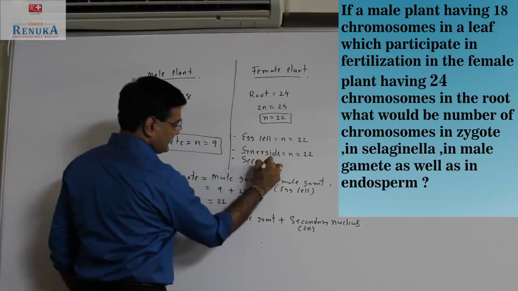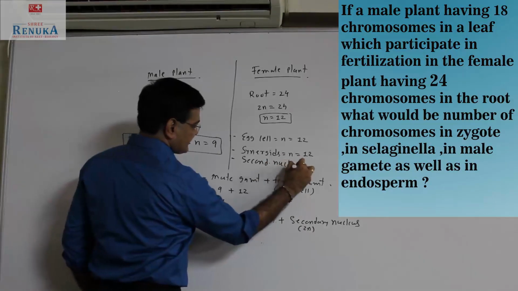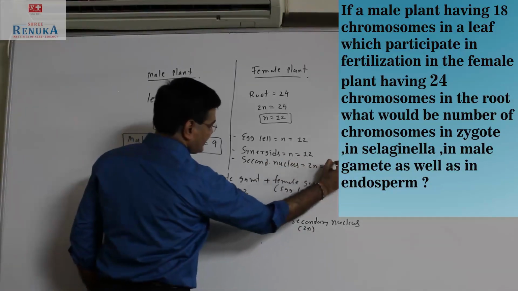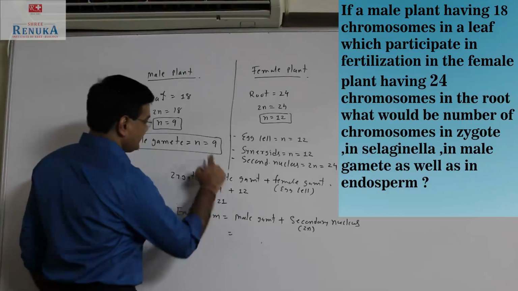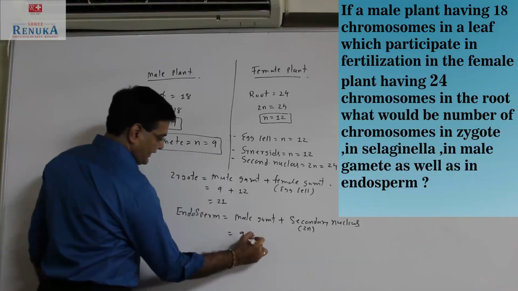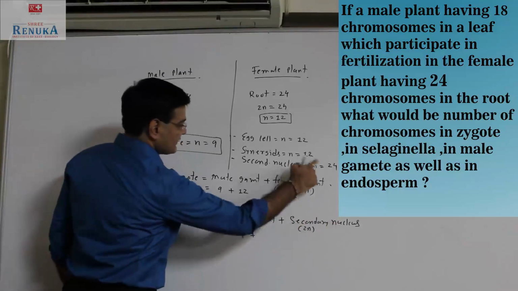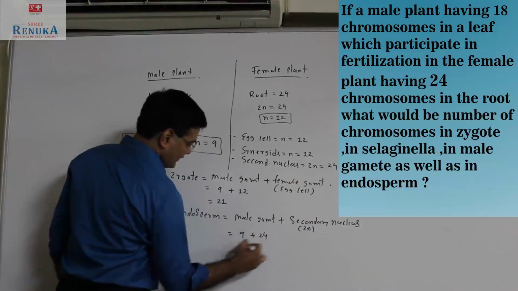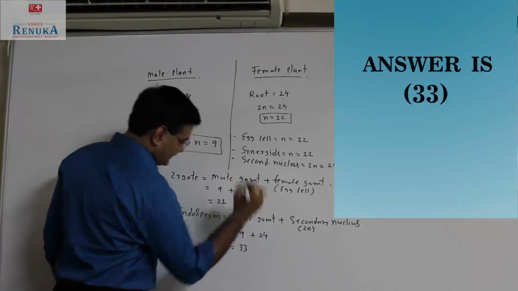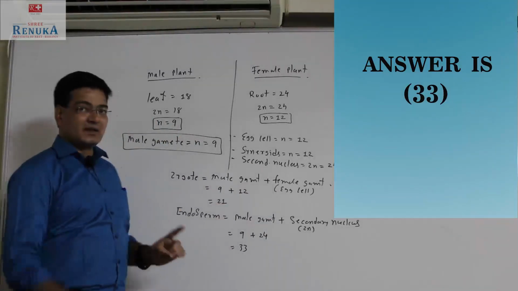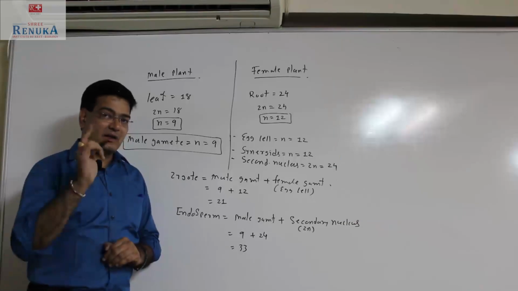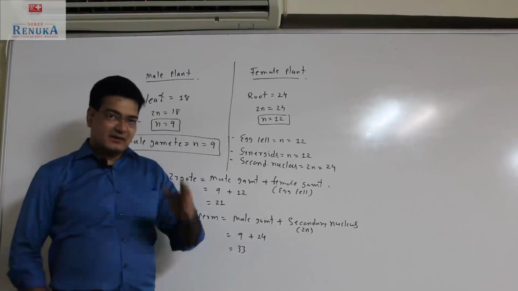So secondary nucleus, as it is diploid, it has 24 chromosomes. Now in the endosperm, male gamete having 9 chromosomes and secondary nucleus having 24 chromosomes, and answer should be 33 over here. So this is the basic thing you should understand when you answer your question.